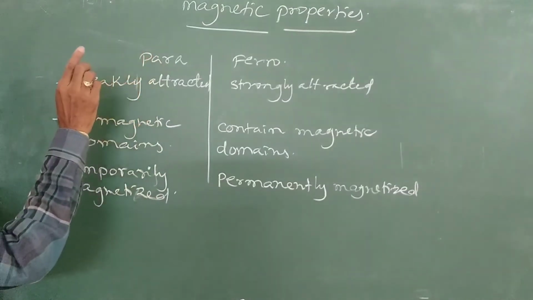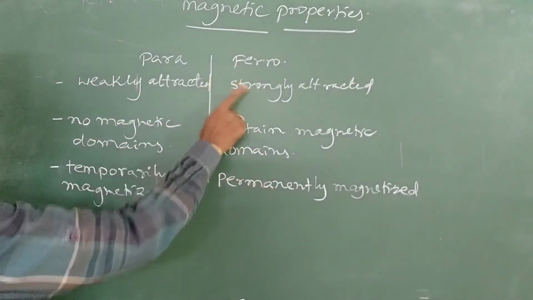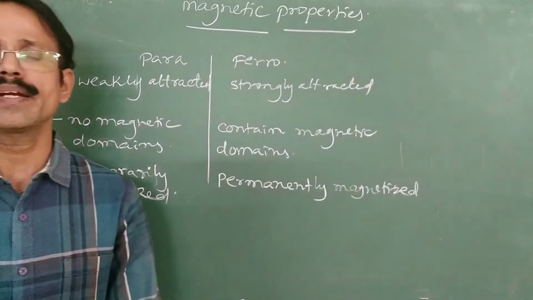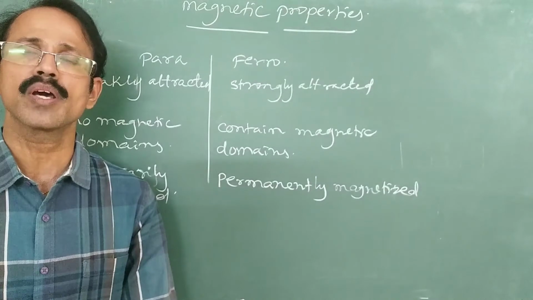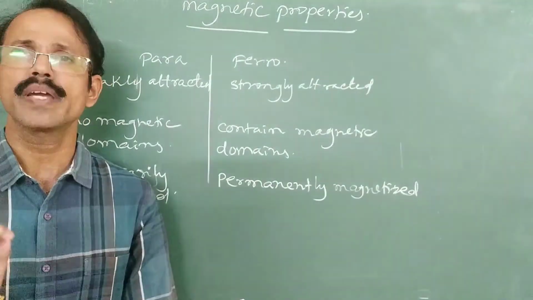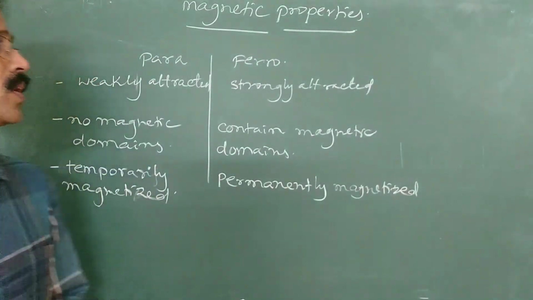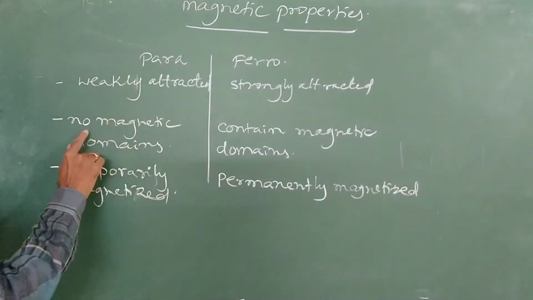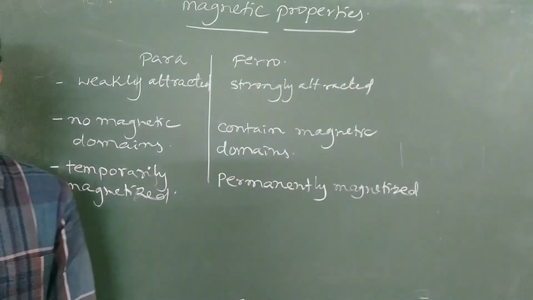Paramagnetic substances are weakly attracted by the magnetic field, whereas ferromagnetic substances are strongly attracted by the magnetic field. So that means even the ferromagnetic substances are also paramagnetic substances, but this is a special case of paramagnetism, right? And paramagnetic substances do not contain magnetic domains.